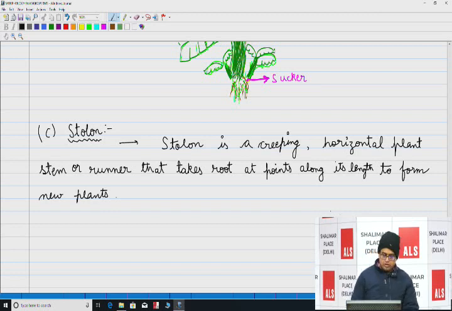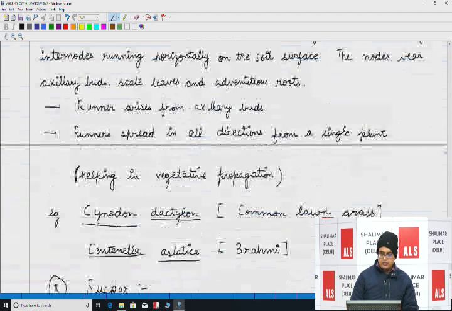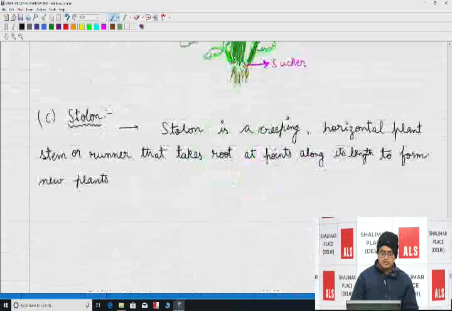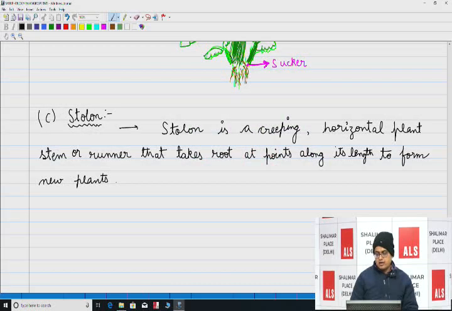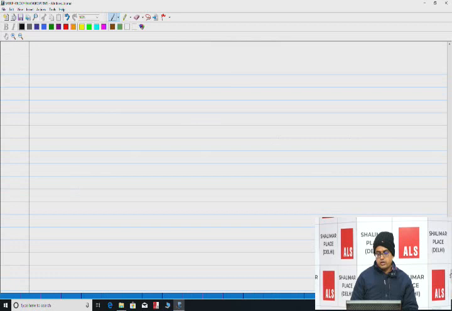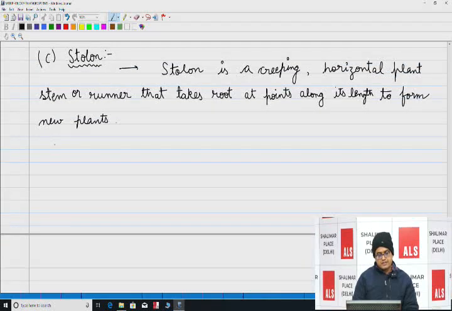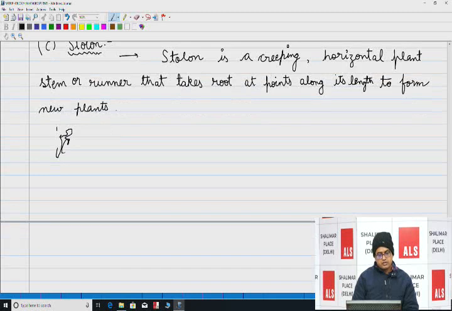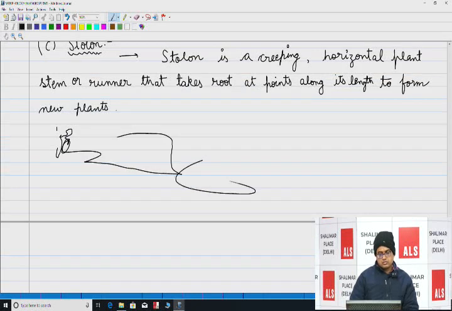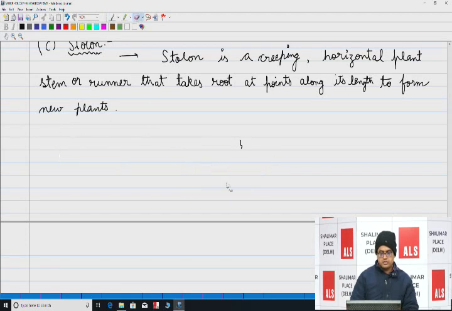Now there is another modification called the runner, and what you will be asked in the board examination, it is important for school examination, it is important that you understand the difference between runner and stolon.